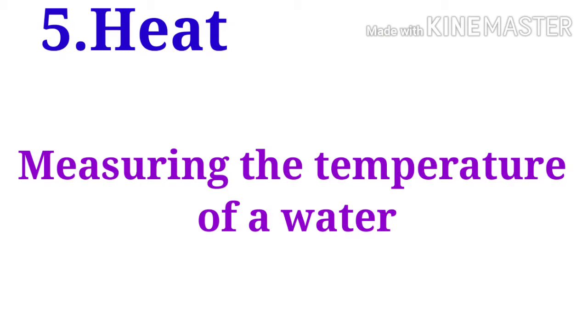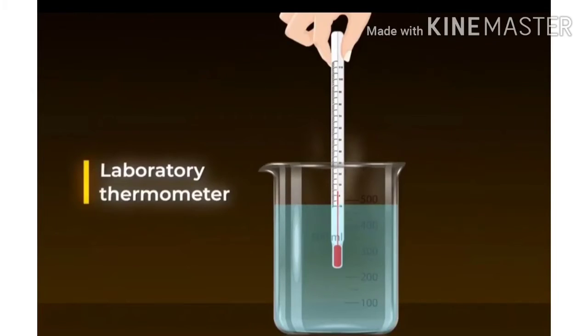Let's see the measurement of the temperature of water using a thermometer. Take water in a beaker and place the thermometer vertically inside the beaker such that its bulb is immersed in water. Then wait for some time.